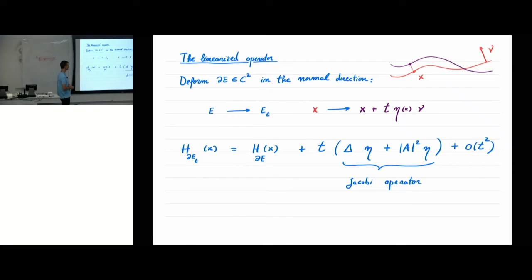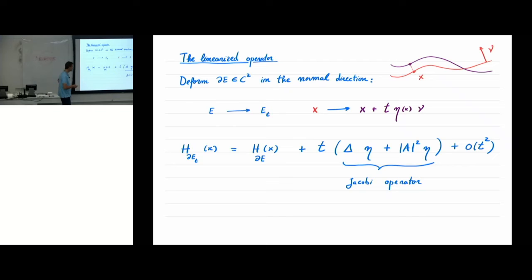If you look for the classical, local mean curvature, the way it changes is that the mean curvature of the new surface is whatever I started with at X, but because I do a deformation like T, it picks up a first coefficient, which is given by the Laplacian of eta on the surface, plus A squared times eta. A squared is the sum of the principal curvatures squared, which is the second fundamental form squared, plus lower order terms.